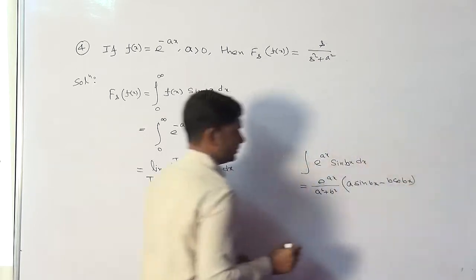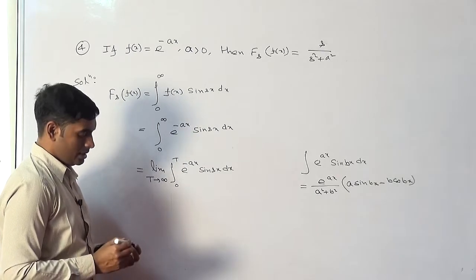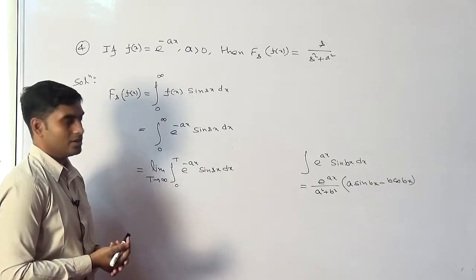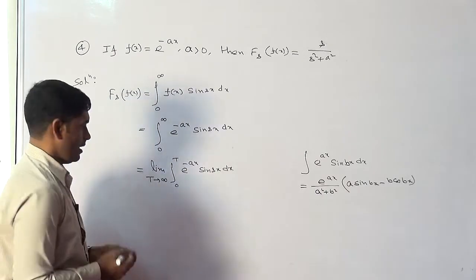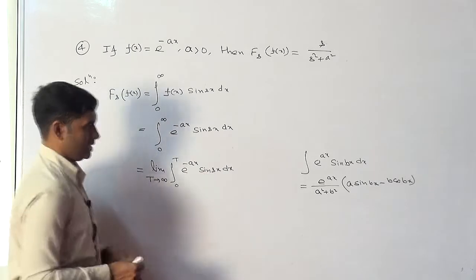So the integral of e to the power ax sin(bx) dx is e to the power ax over (a squared plus b squared) times (a sin bx minus b cos bx). Now in this equation a is our minus a and b is s.